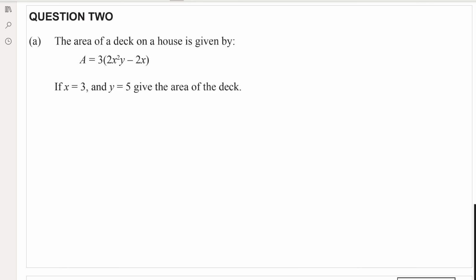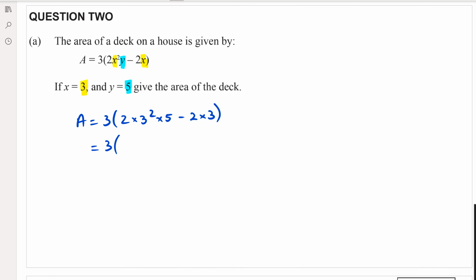We've got a nice substitution question here because we've got to find A if x equals 3 and y equals 5. Find the area. So all I'm doing is replacing wherever x is with a 3 and wherever y is with a 5. So A is equal to 3 times 2 times 3 squared times 5 minus 2 times 3.